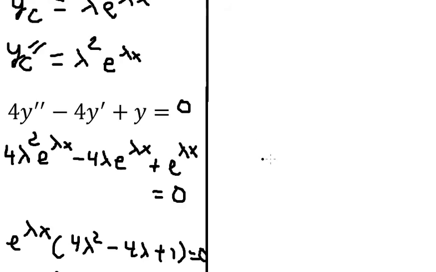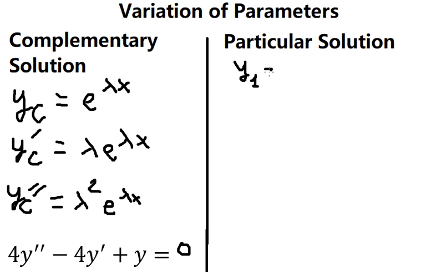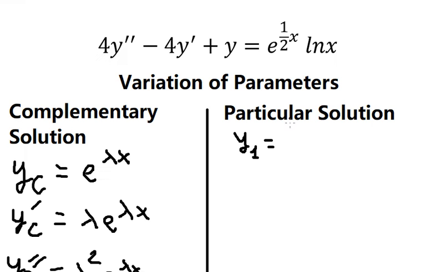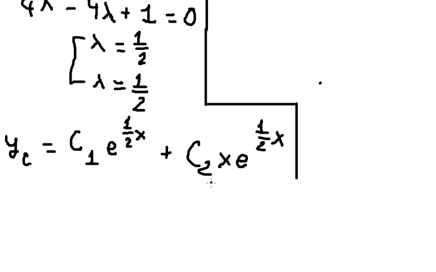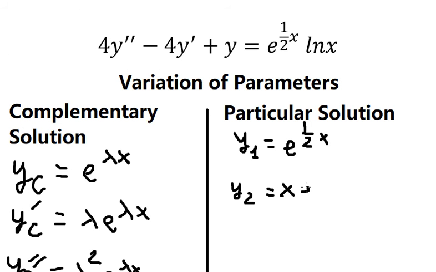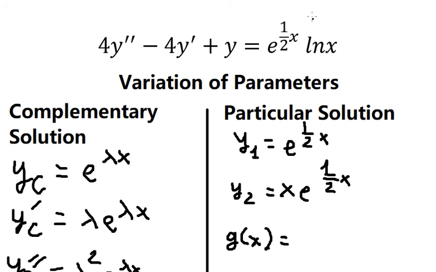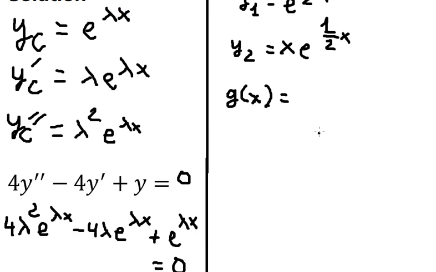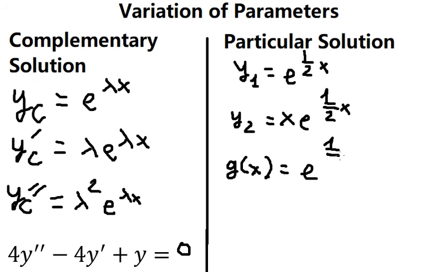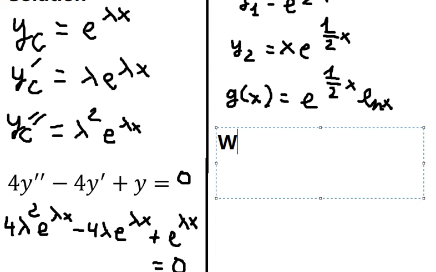So I will put y1, that's this one, and y2, that's this one, and the next one I will put 3s, that is for the particular solution. Now we can apply the Wronskian matrix.